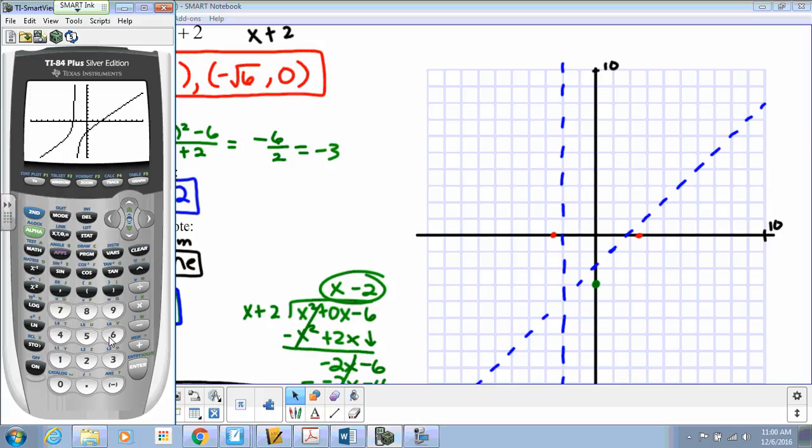Okay, remember the calculator does not graph the asymptotes, but you can see where the vertical asymptote is and also where that slant asymptote is. So that shows me that my graph is just following these asymptotes here.